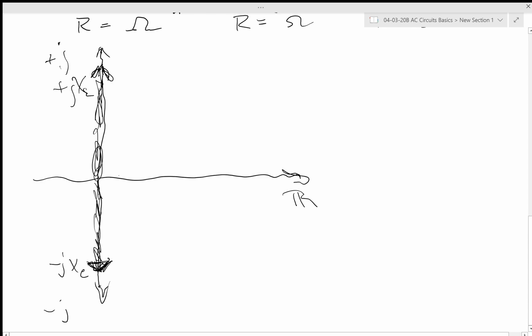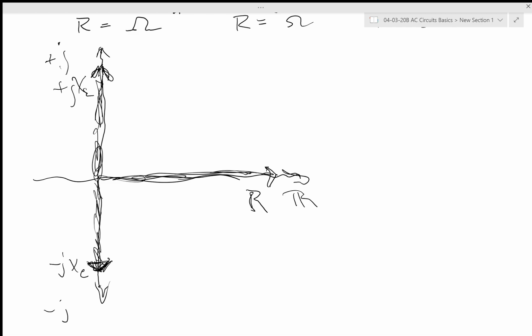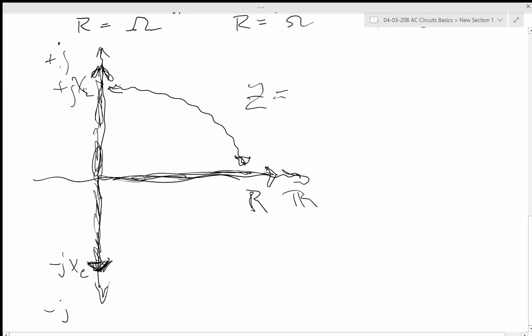And then out on the real axis, we have a resistor value. Okay, we have a resistor value. Anything between the positive J axis and the real axis, you have an impedance Z equals R plus JXL.